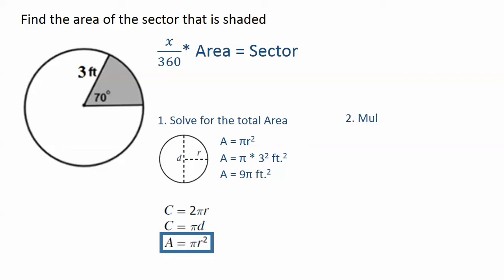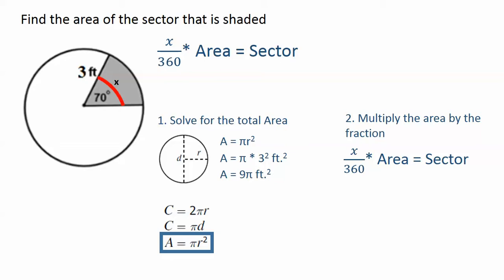Now that I have the area, I'm going to multiply this area by the fraction. So if I take my x out of 360, that is the degrees I actually travel in my shaded sector, divided by 360, times my total area, it'll equal the measure of my sector.